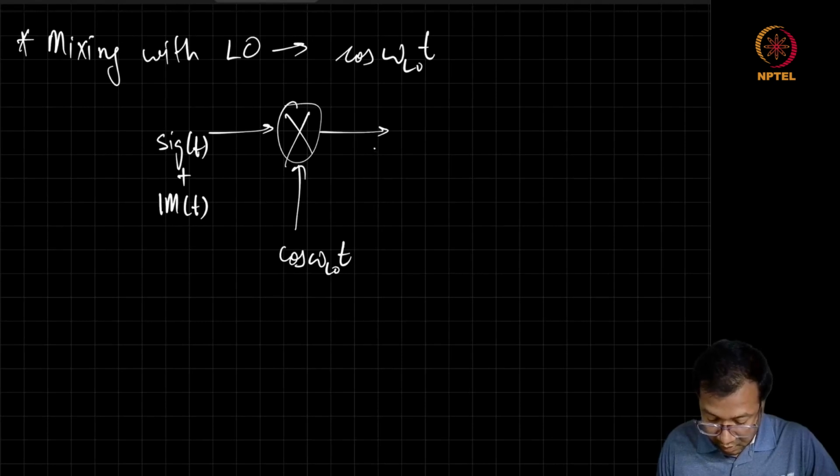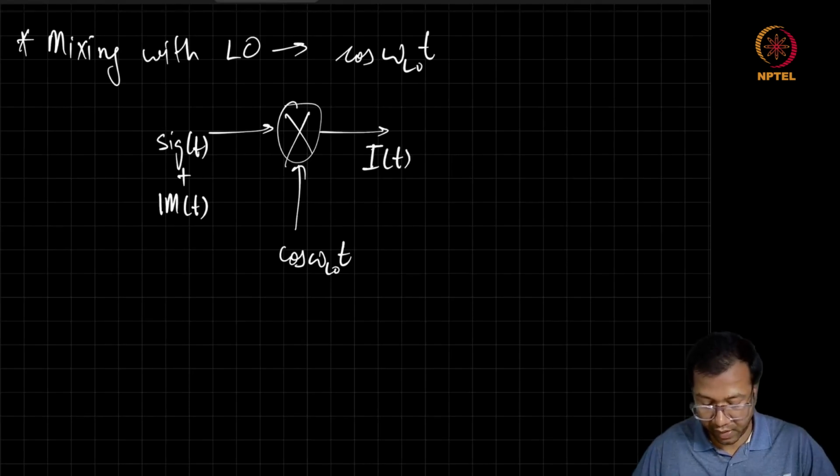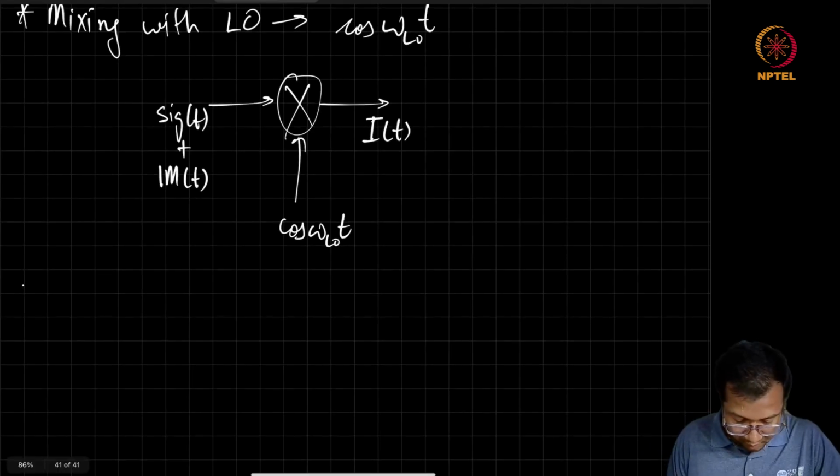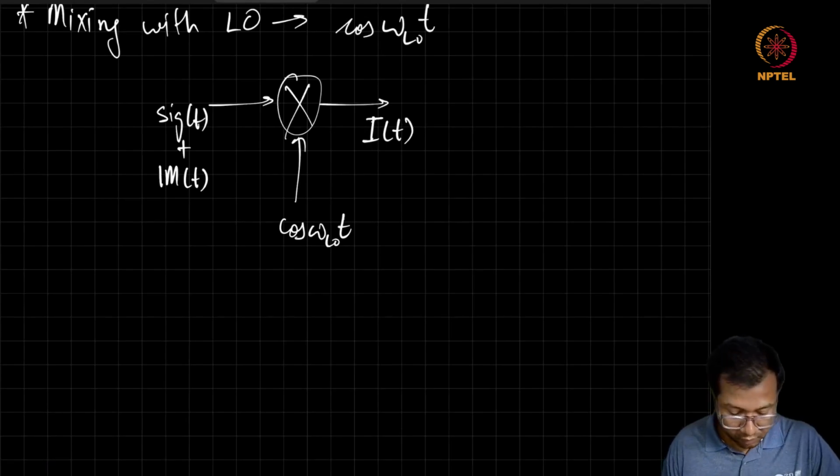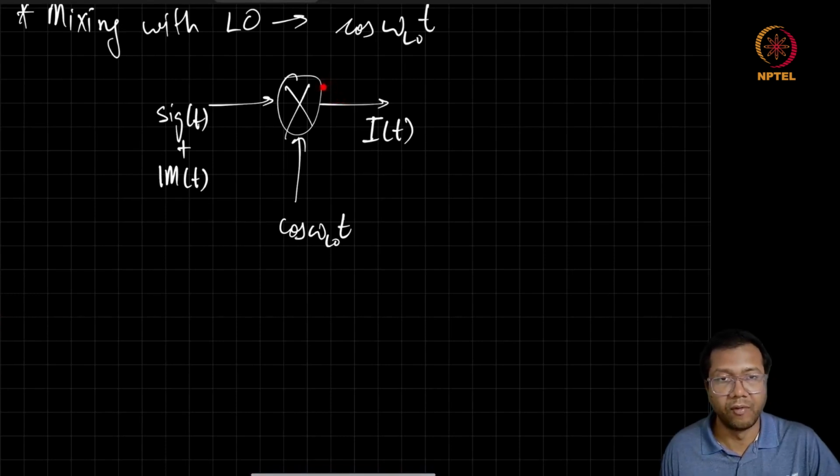Let me call this output I of t. Just to add one more piece of information here, we are also assuming that there is filtering added after the mixing operation to get rid of those high frequency spurious contents.